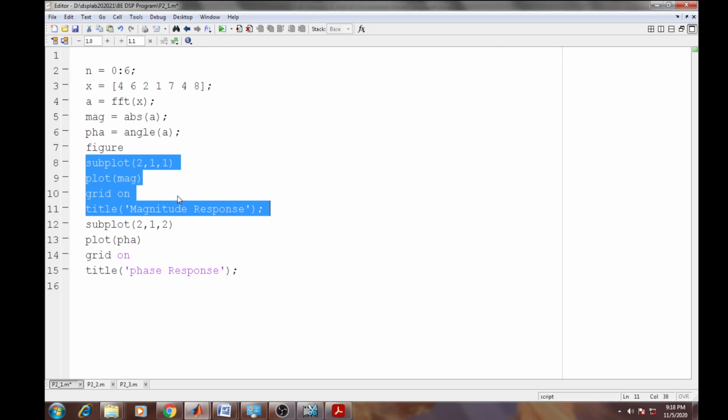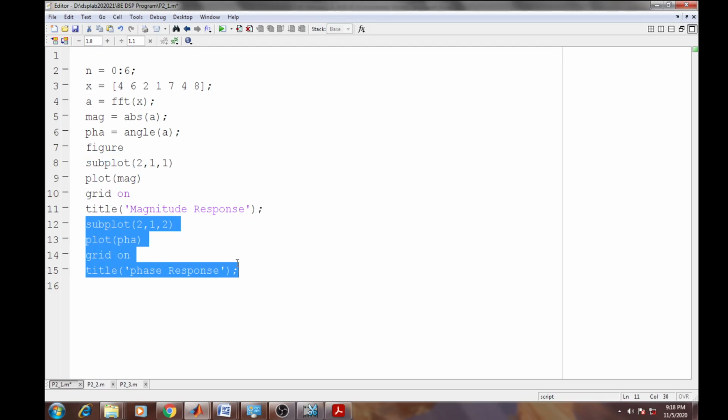Grid on is a function used for turning on the grid of the graph, as well as the title, magnitude response, right? The same code I am repeating for the phase. Only instead of passing magnitude here, the phase variable is passed to the plot, right?